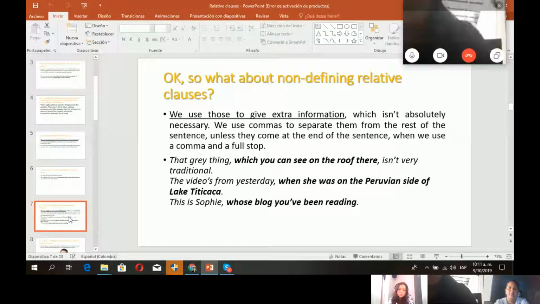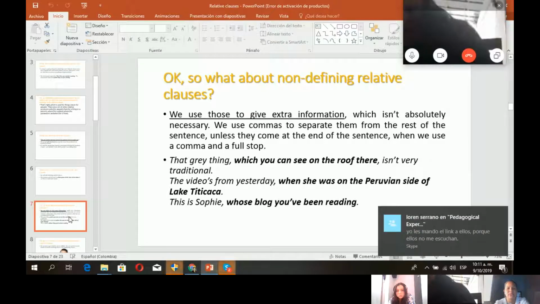Okay, so what about non-defining relative clauses? We use those to give extra information that is not absolutely necessary. We use commas to separate them from the rest of the sentence, unless they come at the end of the sentence, when we use a comma and a full stop. That's an example of this. That's a great thing, which you can see on the roof there, isn't very traditional.